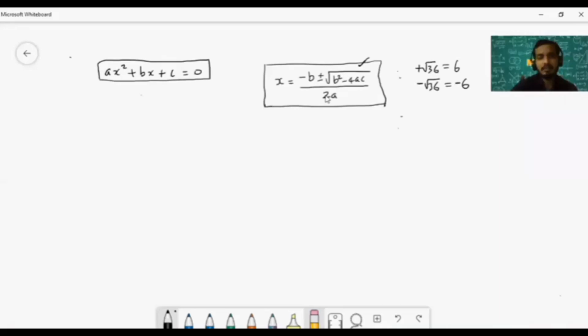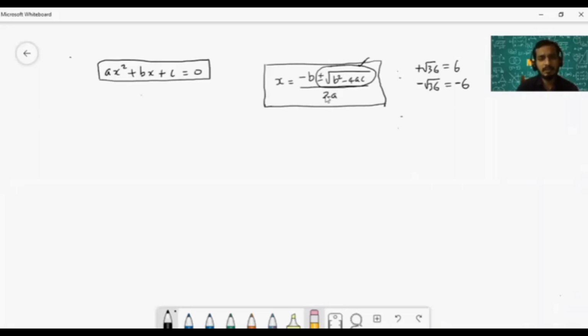So similarly here there can be maximum 2 solutions. By taking the plus root of b square minus 4ac, you will get one solution, and taking the minus root of b square minus 4ac, you will get some other solution. We'll come back to this. The number of solutions depends on this b square minus 4ac. I will come back to that.